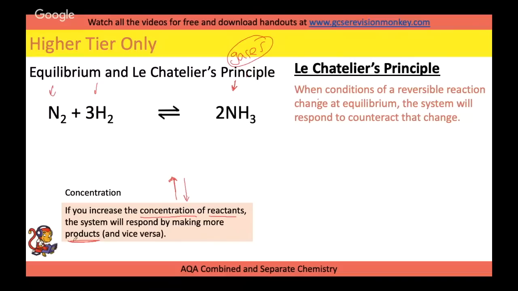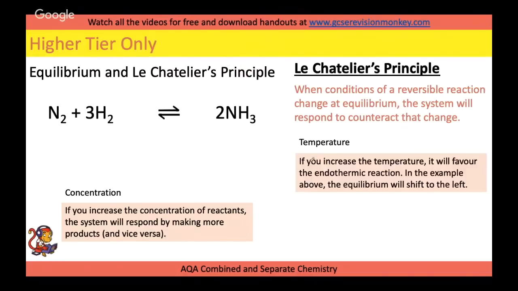And in doing so, it makes more products. So the reactants react together and make more products. So if you increase the concentration of these, more ammonia would be made, for example. The equilibrium would shift to the right, so you produce more ammonia, and that would counteract that change because then the concentration of the reactants would go down again.